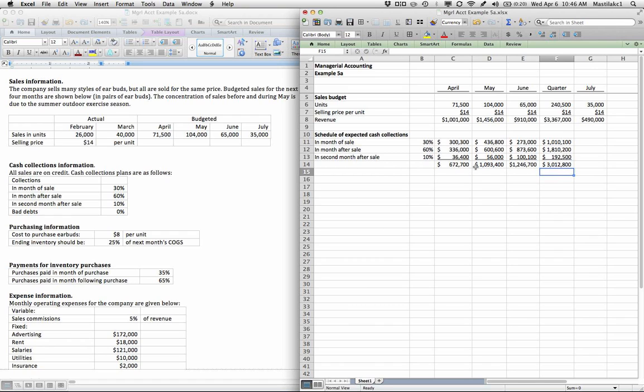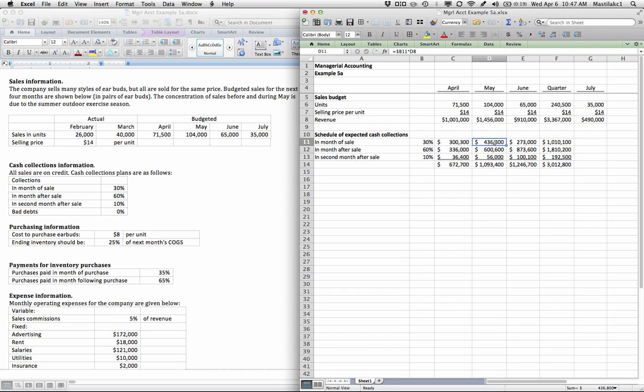Now what we have left to consider here with cash collections is how much we will have sold by the end of June that remains to be collected in July and August. So what we can figure out is if we take our April sales and we collect 30% of those in April, 60% of those in May, 10% in June, then all of April's sales will be collected by the end of the quarter.